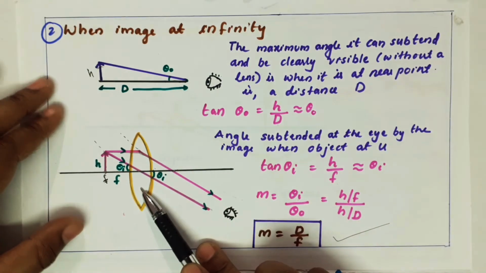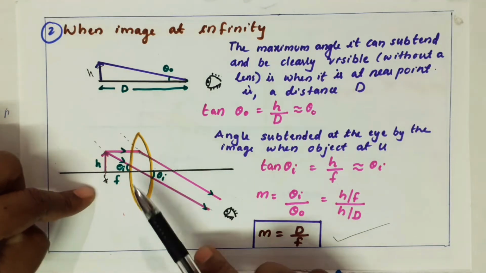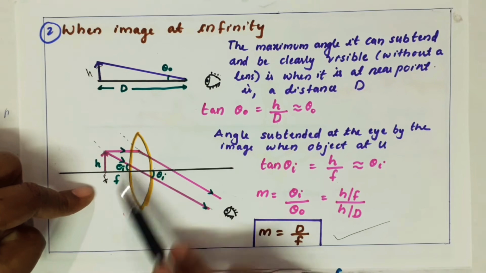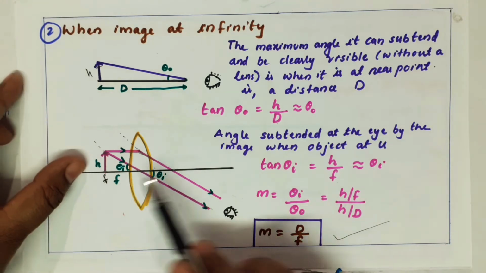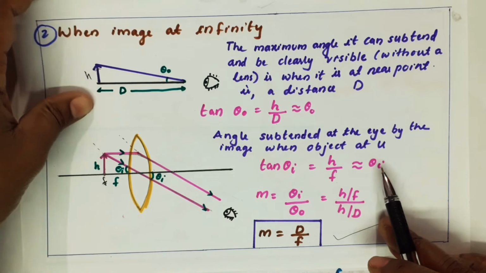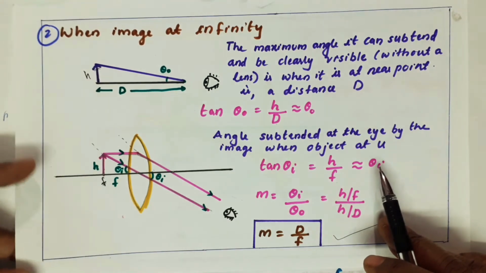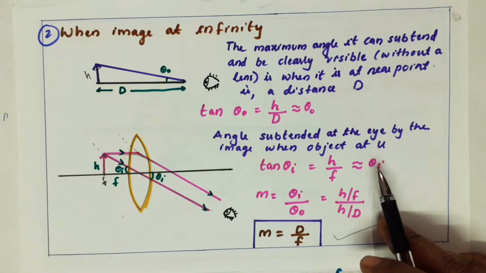Then another one with the image, but the image is formed at infinity. Instead of taking the image, we are taking the object, which should be at the focus. That angle we are taking because that will be similar to the image formed at infinity. This ratio of theta I by theta O is called magnification. So I got the equation for magnification, m equals d by f.